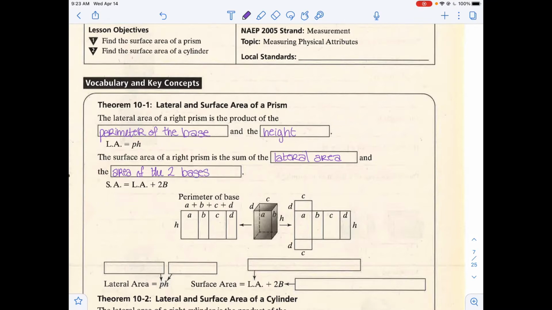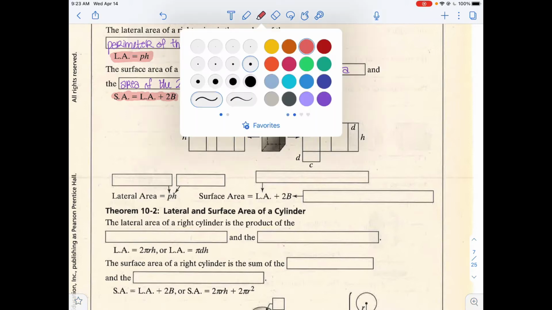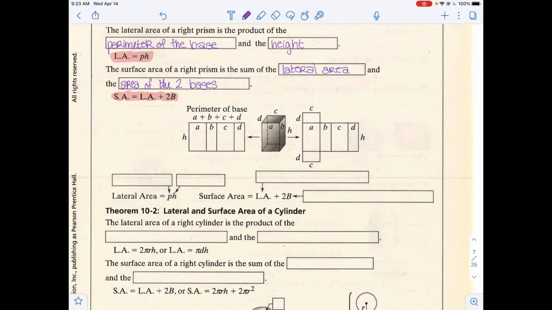Okay, so then if we look, they've got the two formulas here for you. Lateral surface area is perimeter times height. Surface area is just lateral area plus the area of the two bases. Perimeter of the base, it shows you how to find that, and it shows you why we multiply by the height.